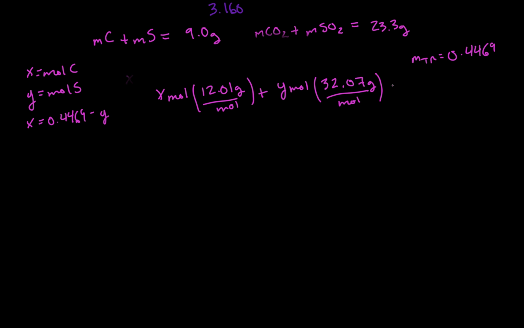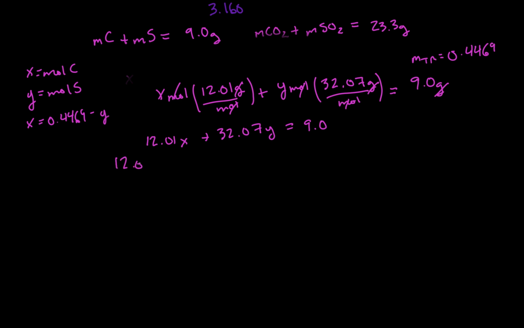Right, and this is equal to the 9 grams that we had for the reactants. Okay, moles cancel. Got grams in common in each of the terms, so we're going to divide those out. We are left with 12.01x plus 32.07y equals 9.0.